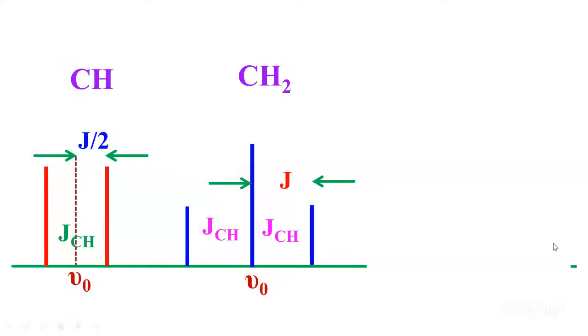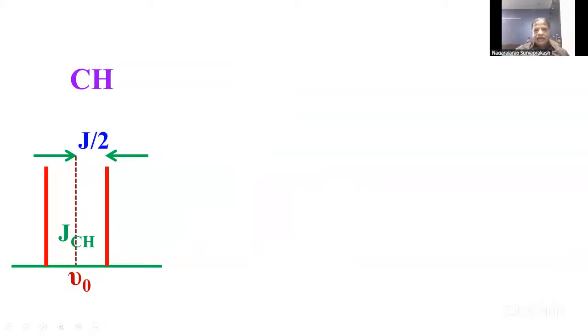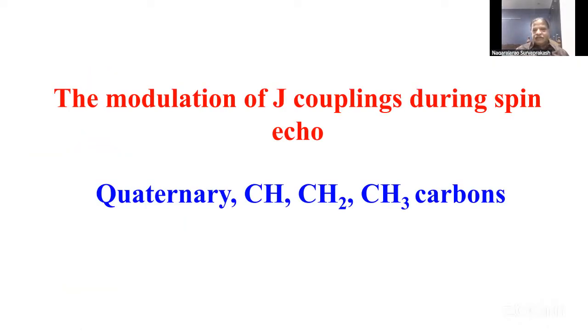Yes, sir. See, what I was trying to tell you is we can modulate how the coupled vectors between carbon and proton vary. That depends upon different carbons. It could be quaternary carbon, CH carbon, CH2 and CH3 carbon.